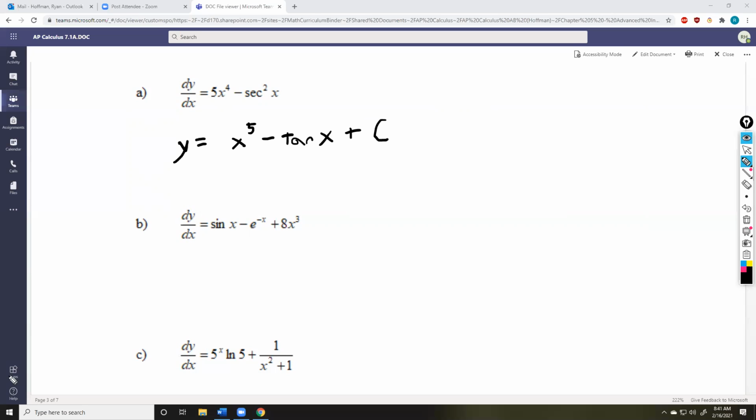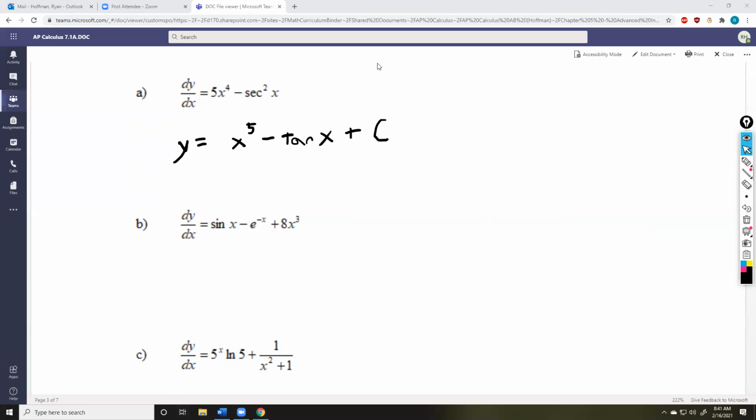I want you to try parts B and C now on your own. These should all be fairly straightforward antiderivative rules. You shouldn't be doing anything overly complicated on something like part C. This is a derivative rule something. So is this.